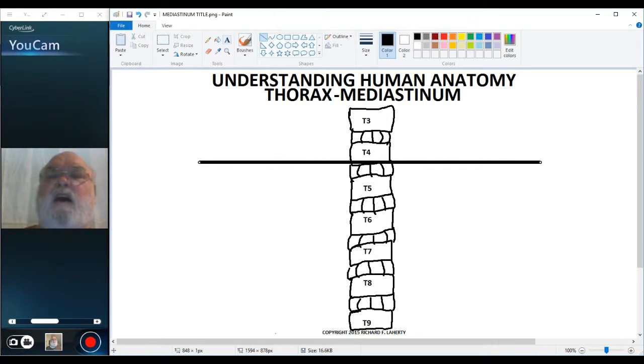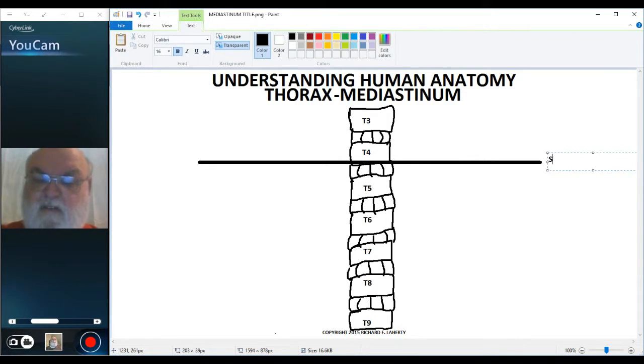And this is the line that represents the sternal angle. Remember the structure, the junction of the manubrium and the body of the sternum is the sternal angle.